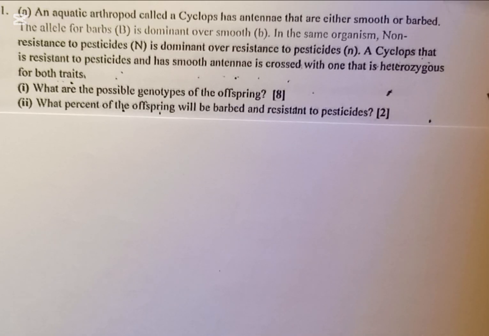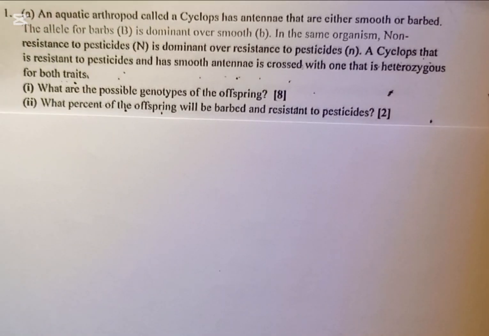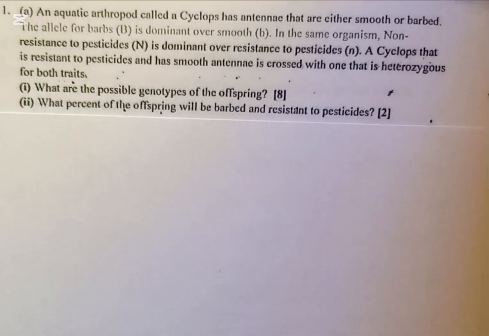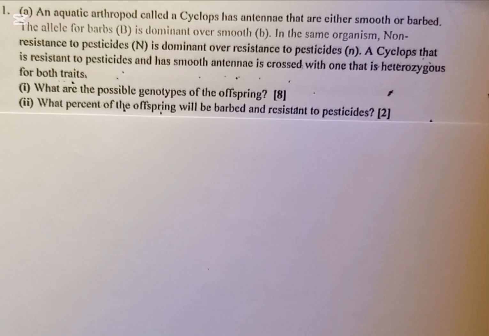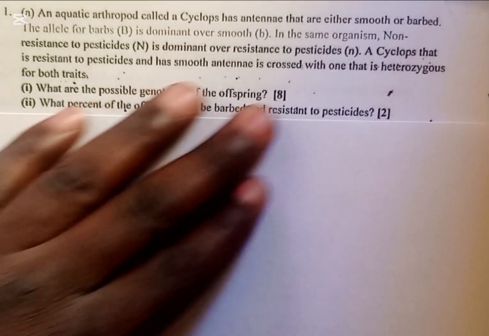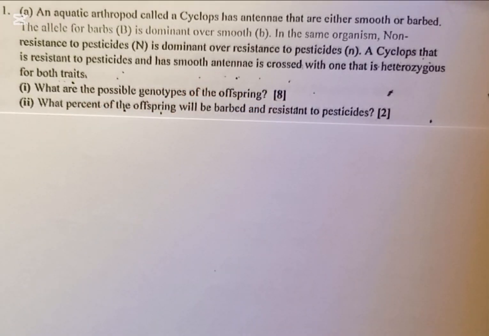Because of that, we normally advise that when you're dealing with dihybrid crosses, we use the Punnett square. The Punnett square can actually help us clear all the problems that we have on dihybrid crosses. So remember that in dihybrid crosses, we are dealing with two characteristics. Now, I want us to examine this question so that we see how we are going to approach it and how we're going to answer it.